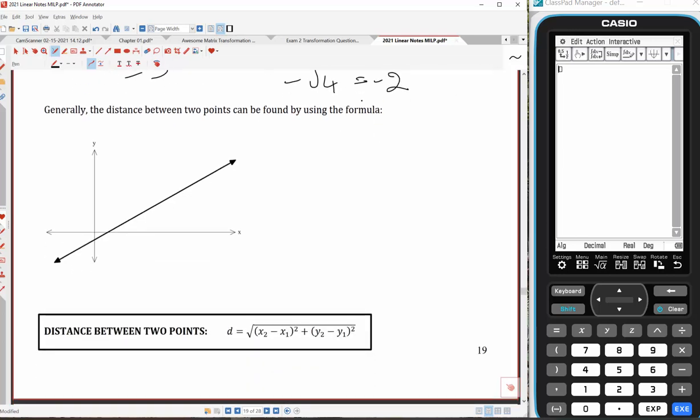Generally, the distance between 2 points can be found by using the formula, this one here, D equals, okay? And it looks long and it looks complicated, but really all it is a glorified version of Pythagoras' theorem and nothing else, okay? C squared equals A squared plus B squared. What they then have done is this A value here and this B value here is worked out by working out the difference between the X values and the difference between the Y values and squaring them, okay?